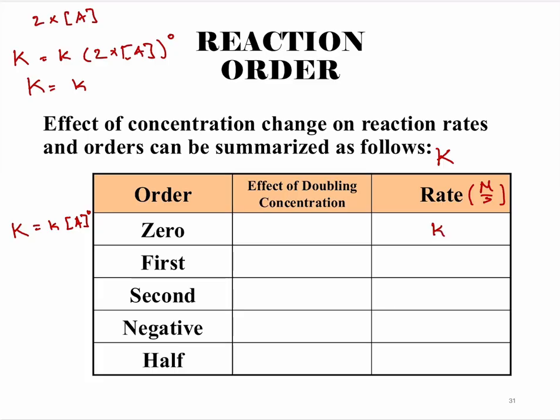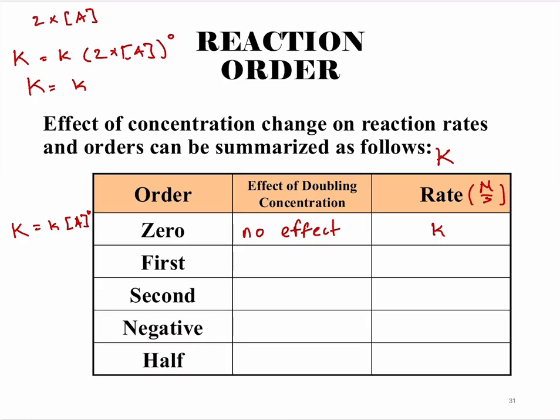The effect of doubling the concentration is no effect, because when we plug it in, we still get k there.